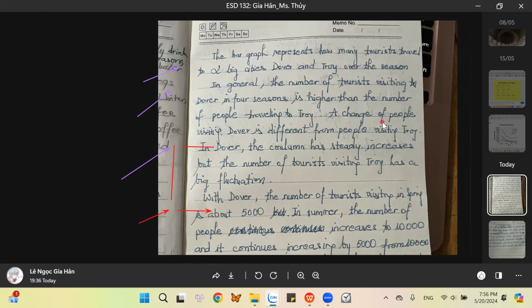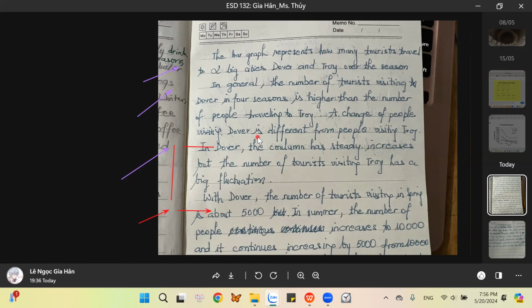A change of people visiting Dover, a change of people. If you say a change of people, people don't know what kind of change you are mentioning. They will wonder whether you are mentioning a change of people's characteristics or a change of tourist types, like what type of tourists would come to Troy and Dover?